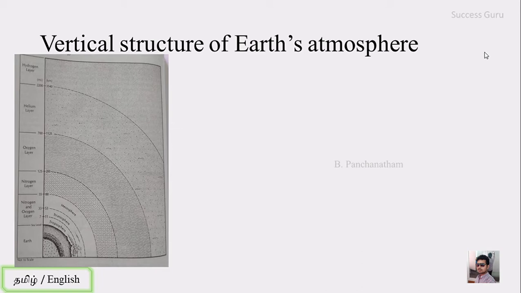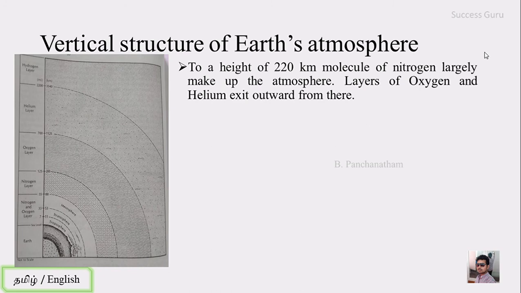You can see in the left side image, from the surface to the top, the layering of the atmosphere. To a height of say up to 220 kilometers, the molecules of nitrogen largely make up the atmosphere, and the layers of oxygen and helium exist outward from there.